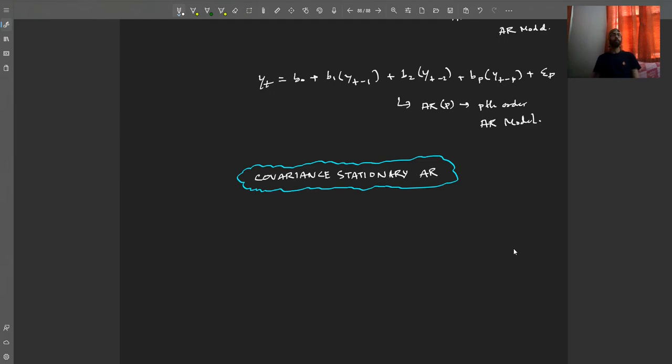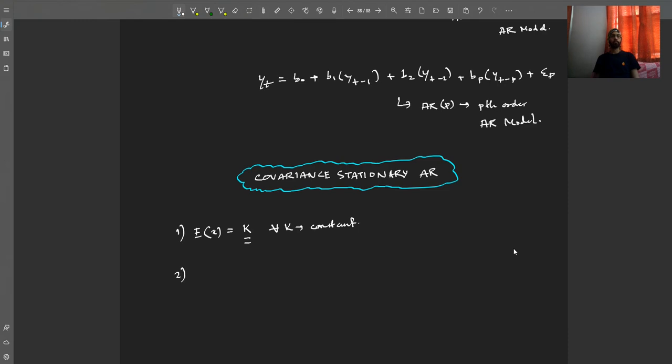Number 1, the expected value of whatever we are measuring, let's say expected value of x or y, has to be constant, k, where k is a constant. Across time periods, if this k keeps on changing a lot, then this cannot be called covariance stationary.